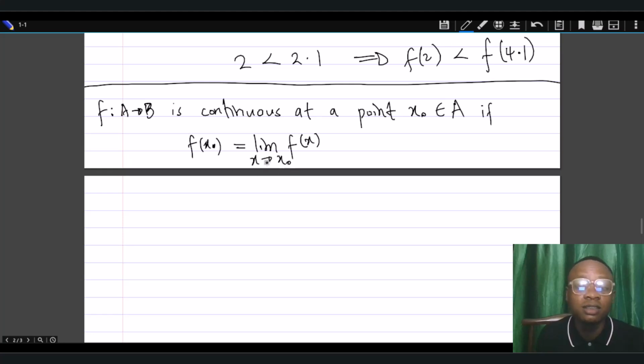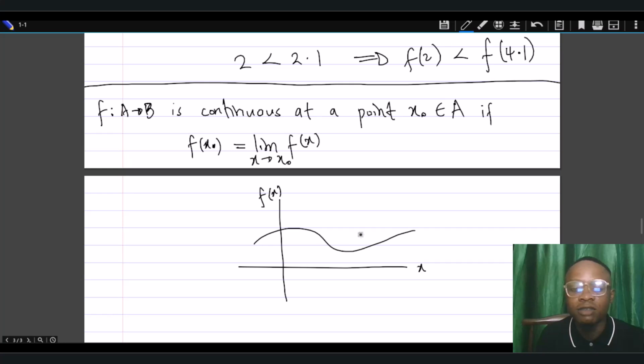Basically this implies that if you draw the graph of the function, for instance, let's say this is our x-axis, and this is y, which is f of x. Let's say the graph of the function is like this. This function is continuous. When you trace this out, it will tell you the value of the function at this point.